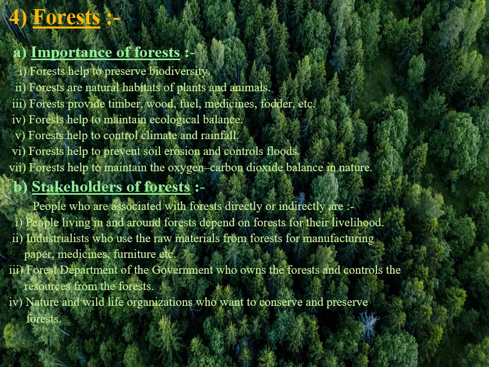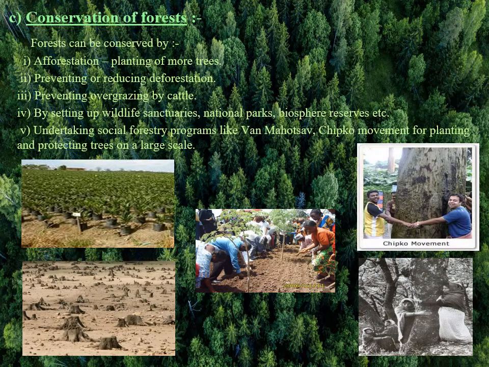And the last one is the nature and wildlife organizations, who want to conserve and preserve the forest. So we will see what each of these groups needs or gets out of the forest.